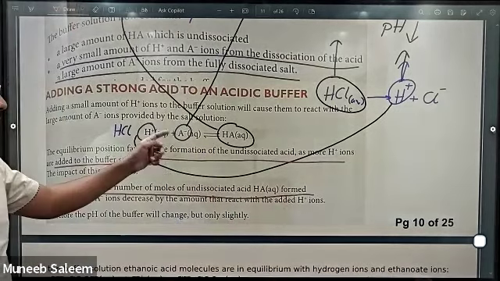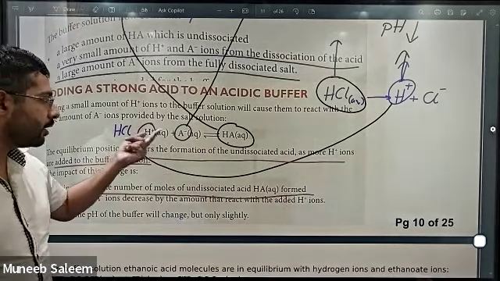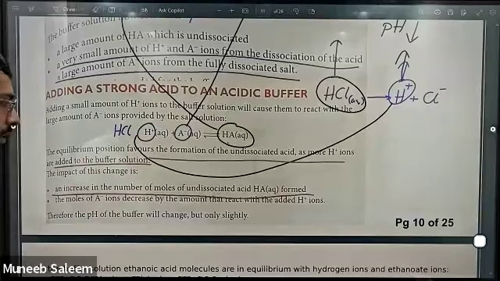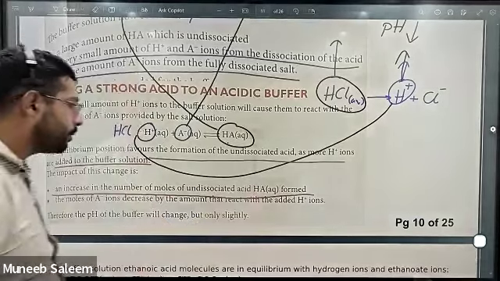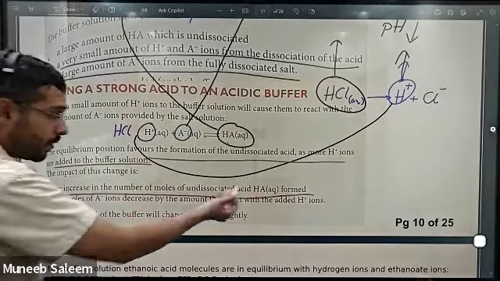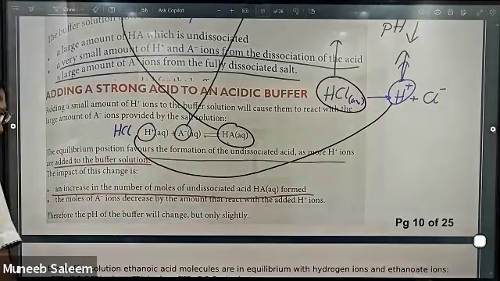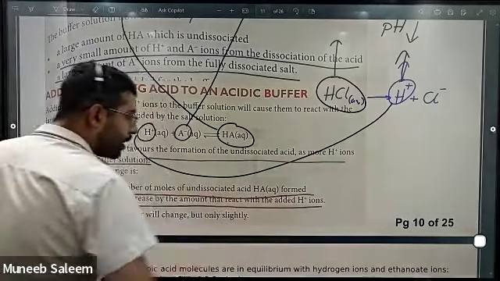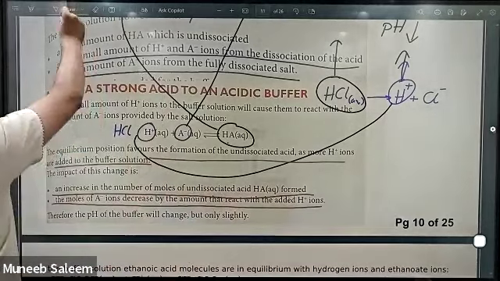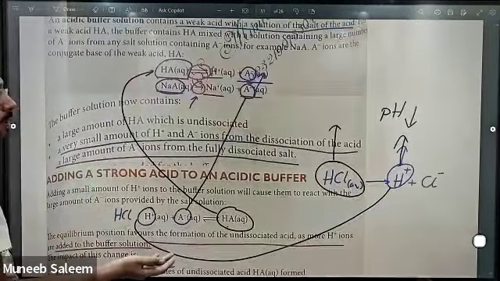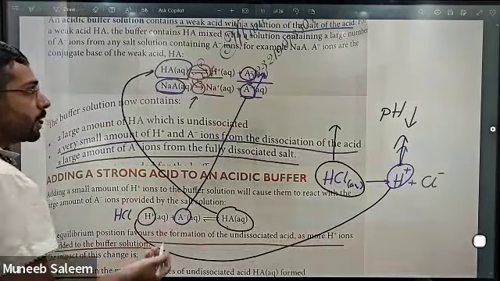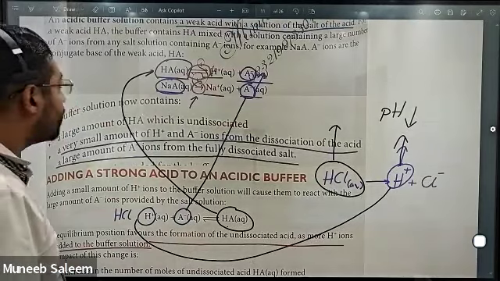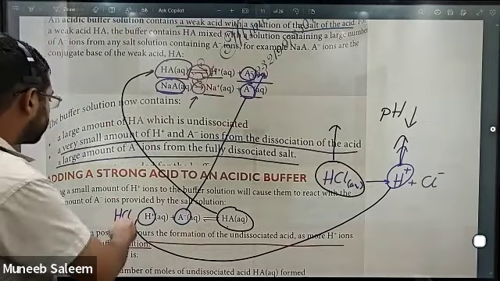The hydrogen ions from the HCl react with the A negative ions coming from the salt of the weak acid, and they form the weak acid HA, which is mostly undissociated. The moles of A negative ion decrease by the amount that reacted with the added hydrogen ions, coming from the externally added strong acid.